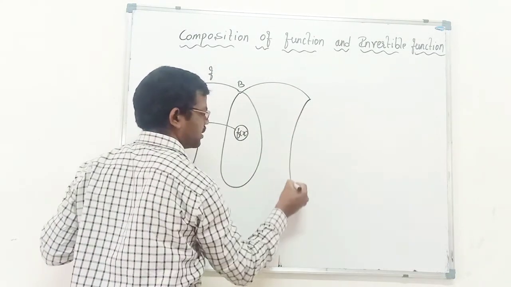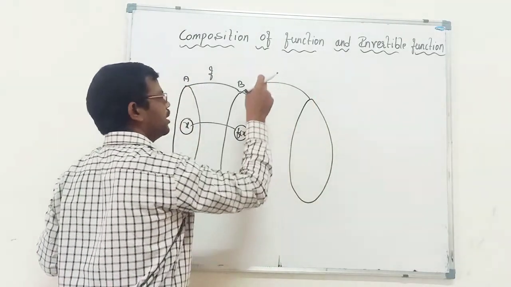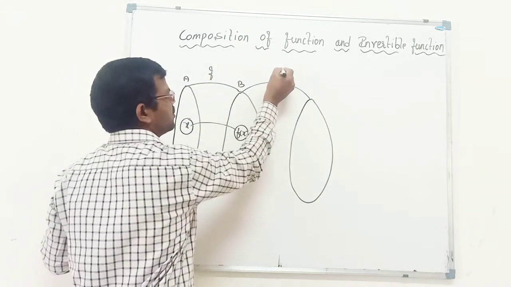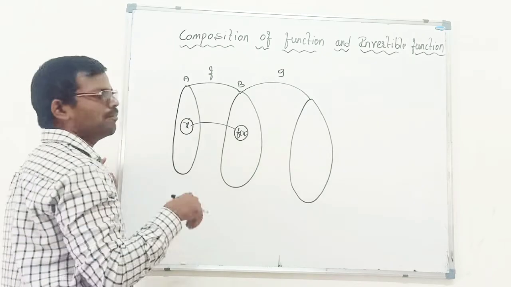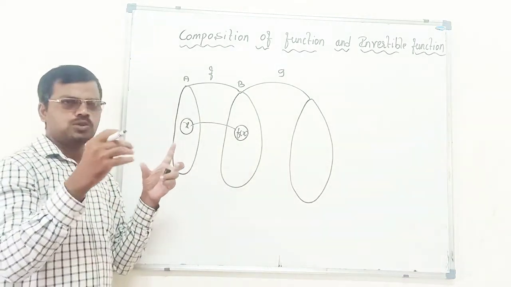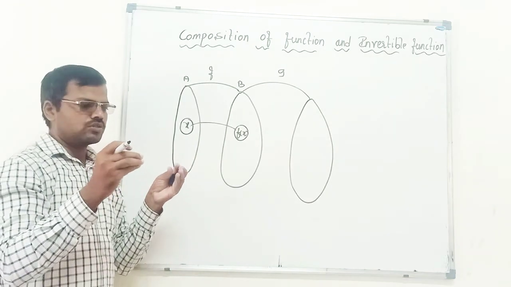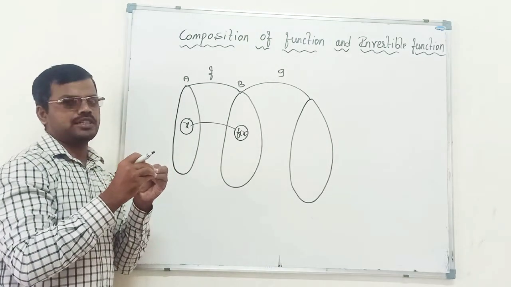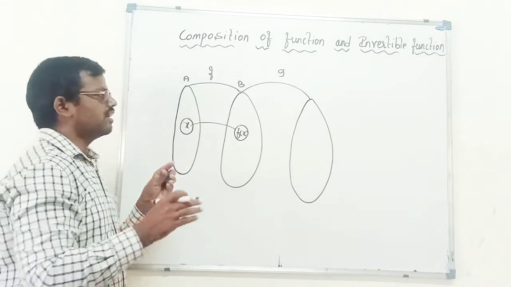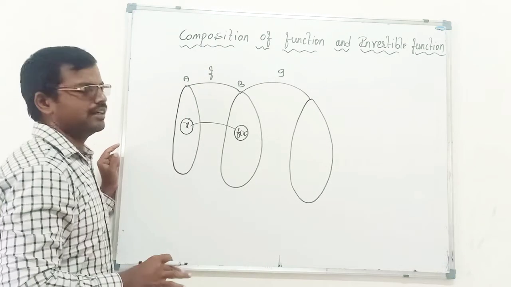So we have another function whose domain is the same as the codomain of the first function. Then only it is possible to combine them. Composition means whenever we compose anything, their endpoints should coincide, they should be identical, then only it is possible to combine.